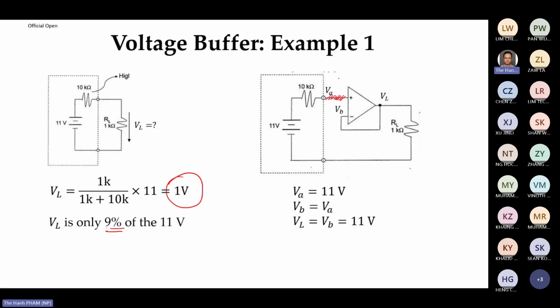So we have full 11 volt here. And because this one is 11 volt, VB also 11 volt. And this 11 volt comes to here. So now you have full 11 volt to the load, right? So that is the benefit of having a buffer.